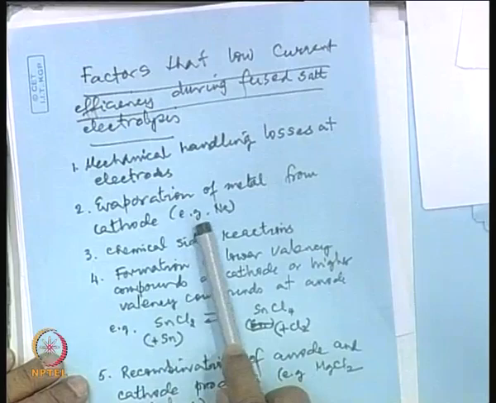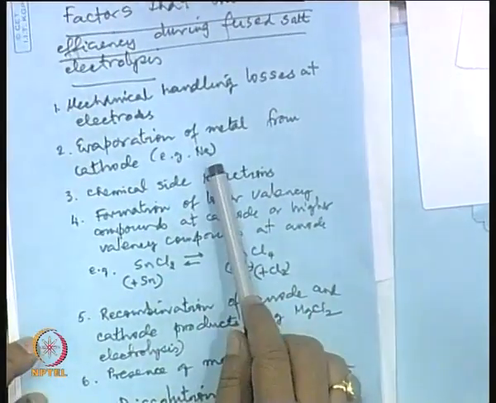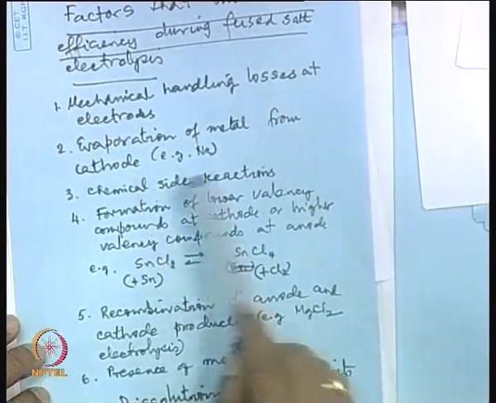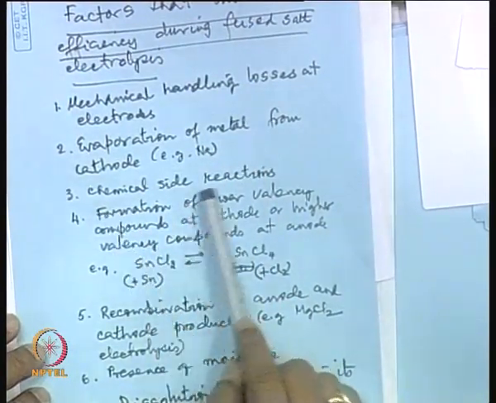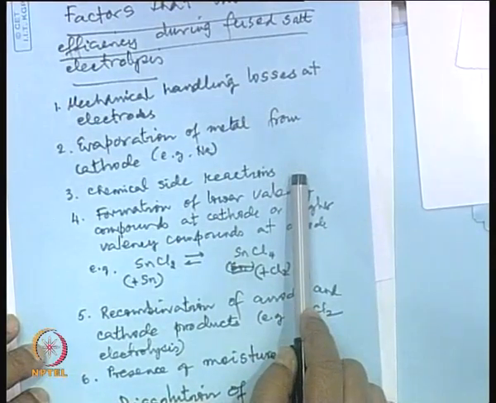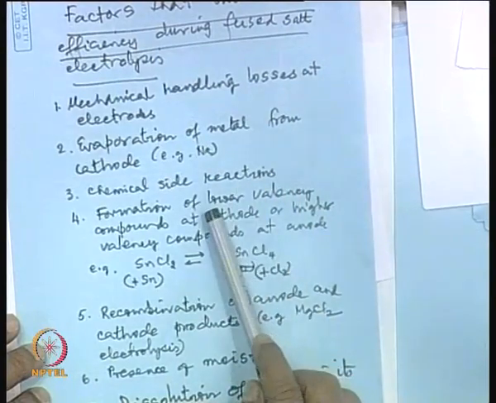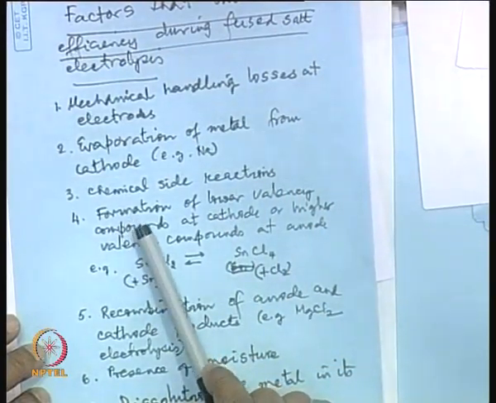So, you think you have not got the amount of metal you should have got, just because of mechanical handling problems, because high temperature operations have their own problems. Metals can evaporate from the cathode, like if you are trying to produce sodium by electrolysis, sodium may evaporate and escape into the atmosphere. There can be chemical side reactions, where some species are getting electrolyzed other than the main salt that you want to dissociate.